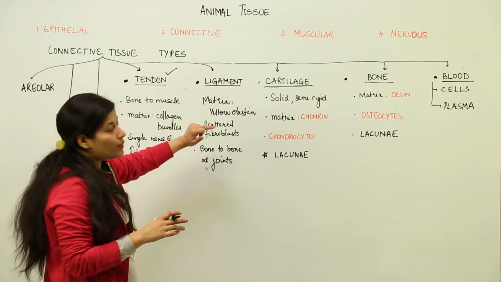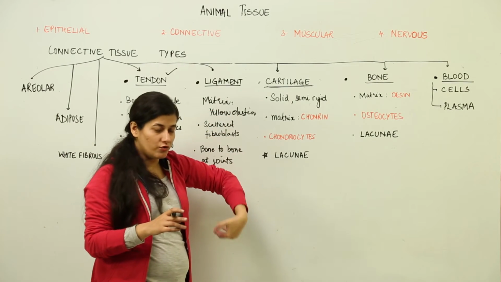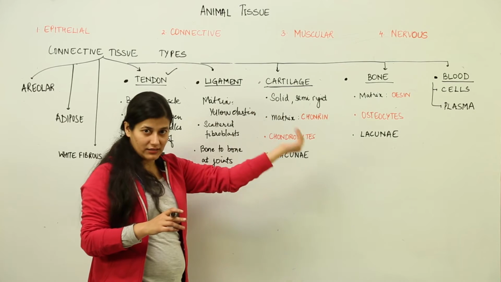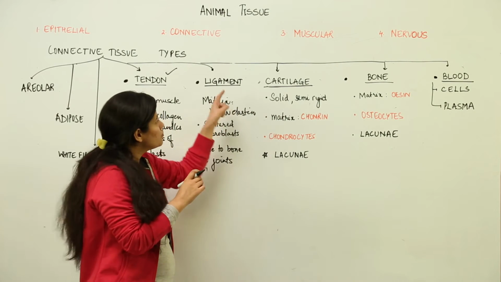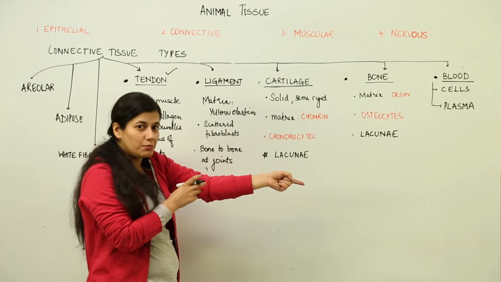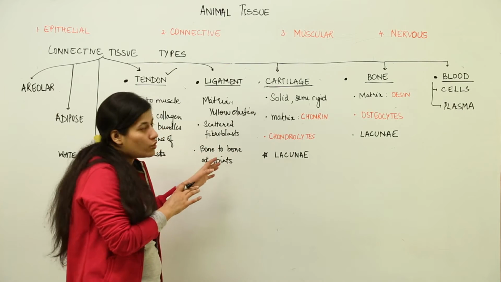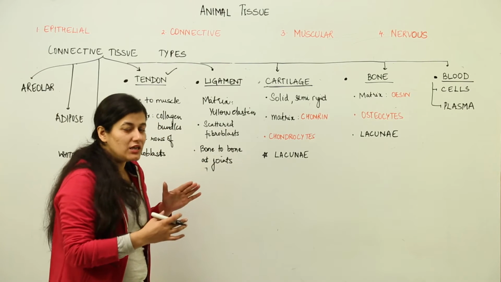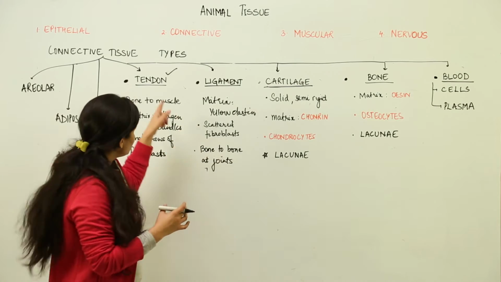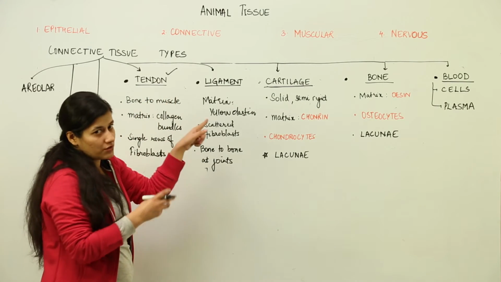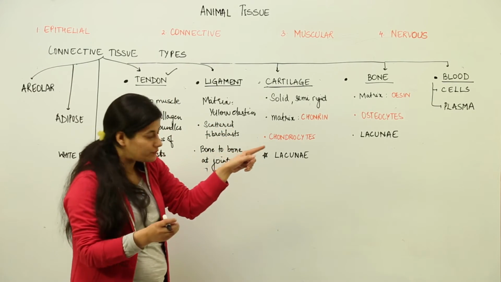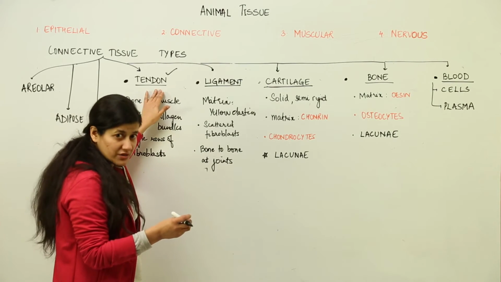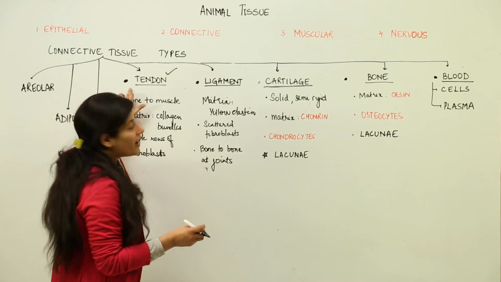And the other one is ligament, which enables the movement. Like I'm able to move my hand like this because there is a tissue known as ligament present between both the bones, which joins the bones, and because it is elastic, it enables the movement. This is inextensible, so you can never separate a muscle from your bone. That is the reason that it is attached by a tendon.